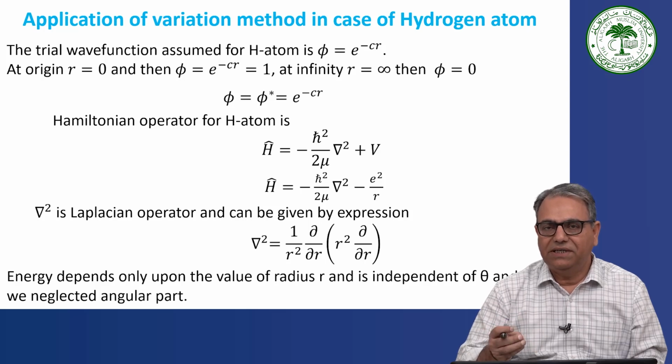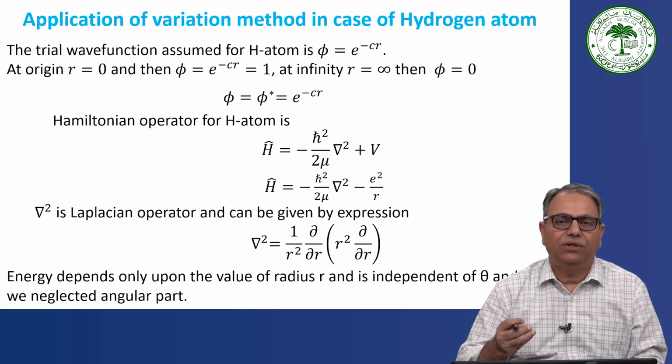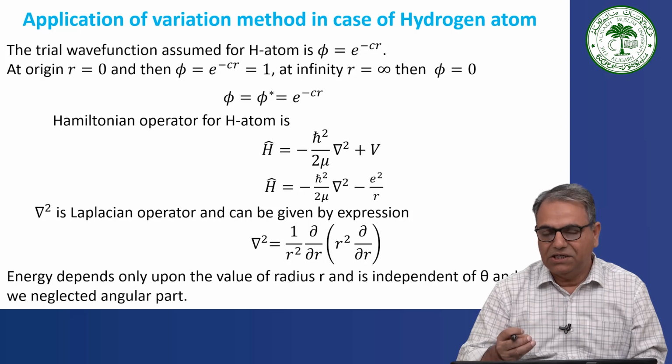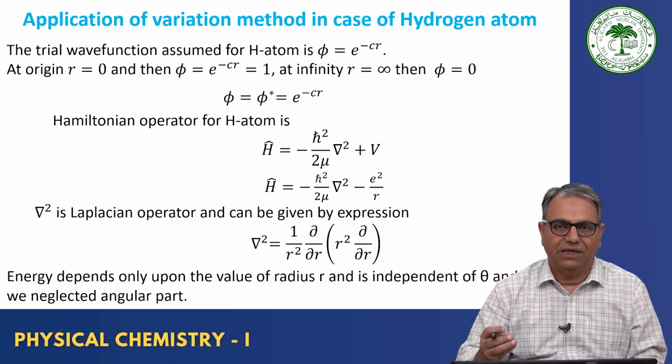When we put this value into the function, that is the function for the minimum possible energy of the system, and the energy corresponding to it should be as close to the ground state energy as possible. This I talked about.